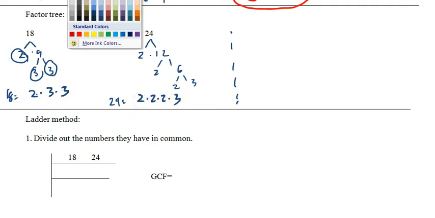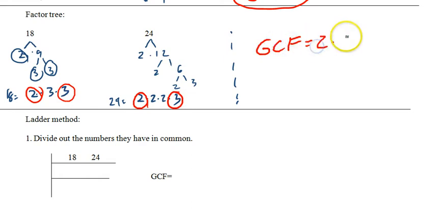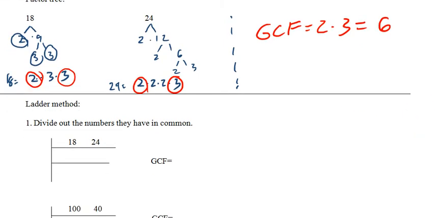If we were to just circle what they have in common, they have a 2, and what else? A 3. So our GCF must include the common 2 and the common 3. And if you multiply these, you get 6. That's the factor tree method. So you factor them, circle the ones they have in common, and write them out. Multiply the ones that they have in common together. And that is your greatest common factor.